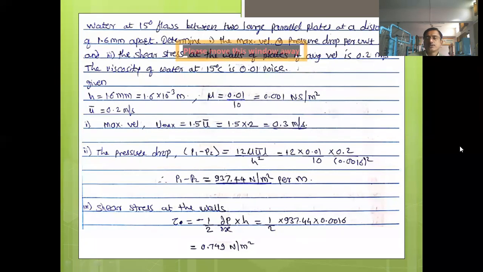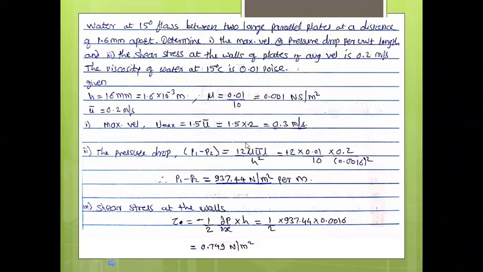Then next comes the second question, pressure drop per unit length. How to find it? We have seen the equation for the pressure drop, head loss, that is HF is equal to (P1 minus P2) upon rho g is equal to 32 and so on.